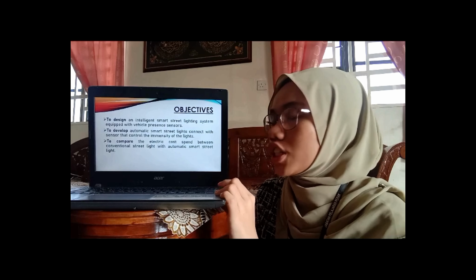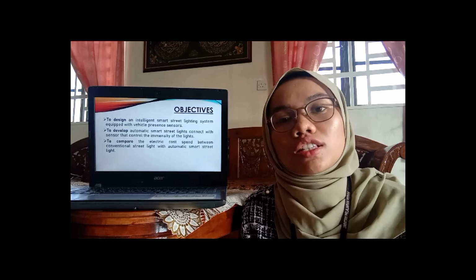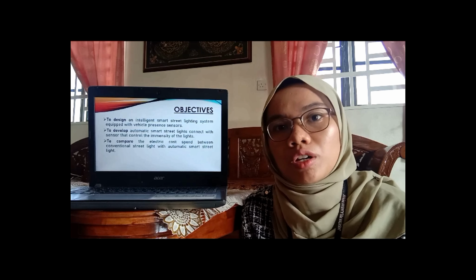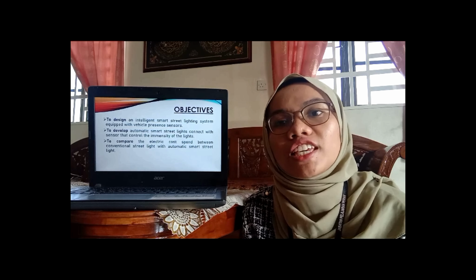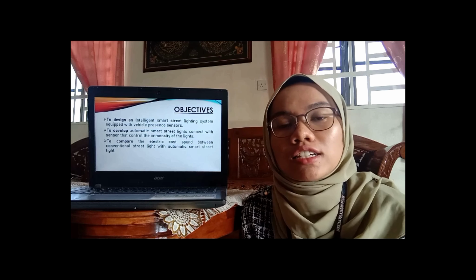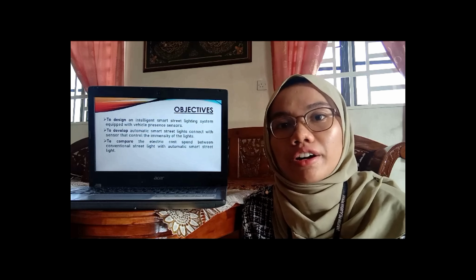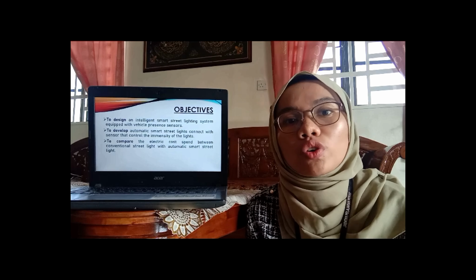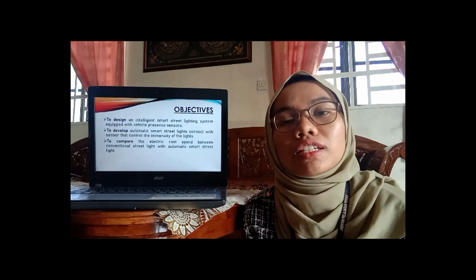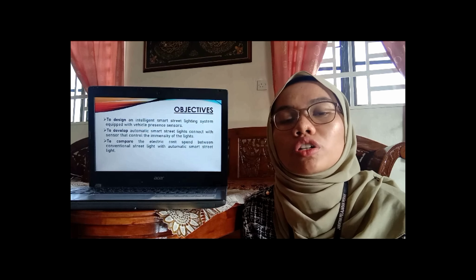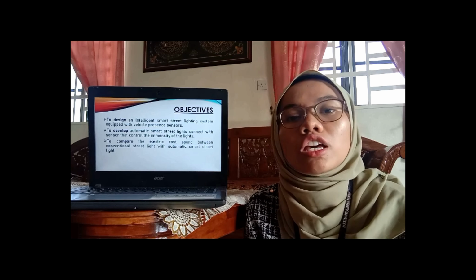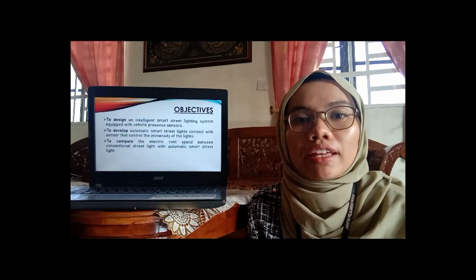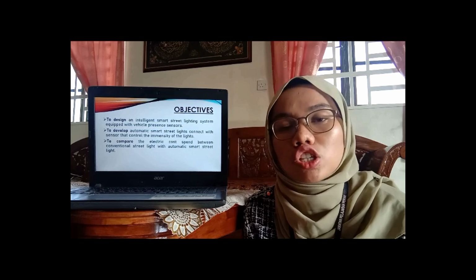So our first objective is to design an intelligent smart street light system equipped with vehicle presence sensors. This modern era demands a better future, in which we focus on sustainability and less power consumption, which helps in reducing global warming and the cost spent on electricity consumption in Malaysia.